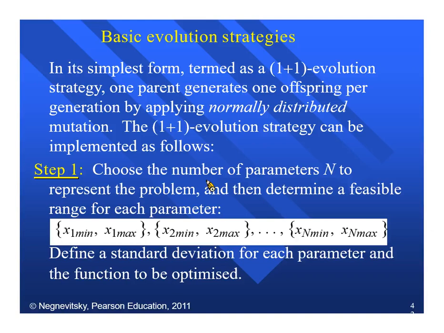The 1+1 evolution strategy can be implemented as follows. The first step: choose the number of parameters n to represent the problem, and then determine a feasible range for each parameter. Define a standard deviation for each parameter and the function to optimize.